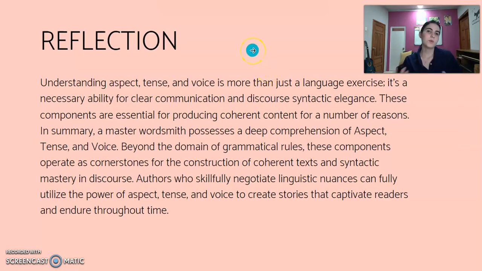Well, finally, a real reflection about the importance of knowing these aspects. Understanding aspect, tense, and voice, as we mentioned at the beginning, is more than just a language exercise. It's going to be a key for our communication and our discourse, because these elements are present in every single construction, whether oral or written.